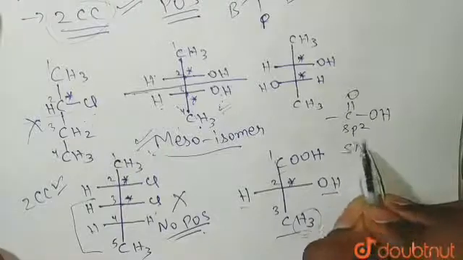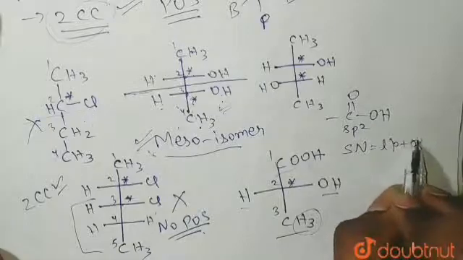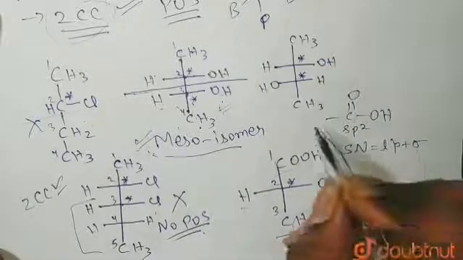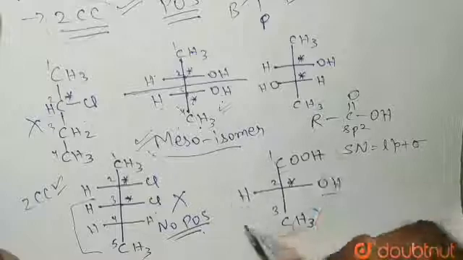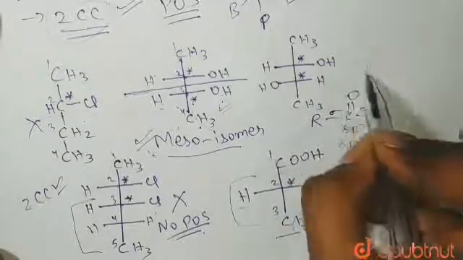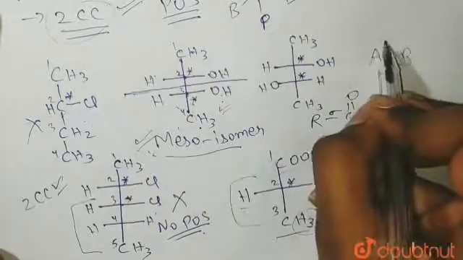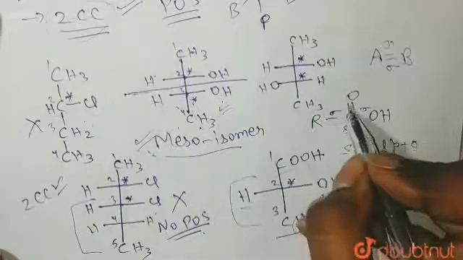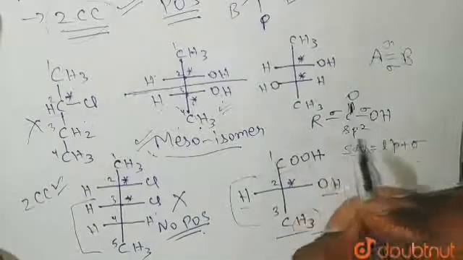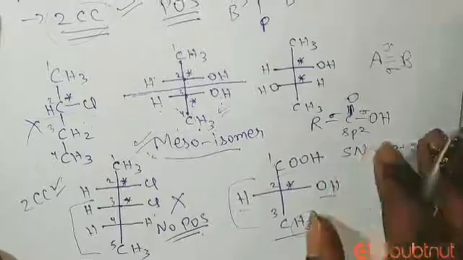Why? Let's calculate the steric number. Steric number is the sum of lone pairs and sigma bonds, or you can say the bond pairs. Let's consider this whole group as R. So this is a sigma, this is a sigma, and we know that whenever two atoms are doubly bonded, one of the bonds is sigma and another bond is pi. Let me draw this again.